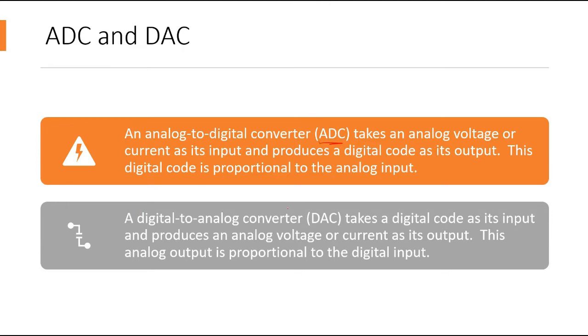Okay, and then for the DAC, DAC takes a digital code, dia terbalik dengan yang ADC. They take a digital code as an input and produce the analog voltage or current as its output. This analog output is proportional to the digital input. Okay, so dia terbalik lah, input pada analog, output pada digital for ADC and digital to analog for DAC.